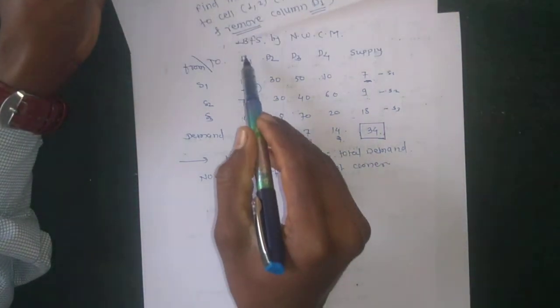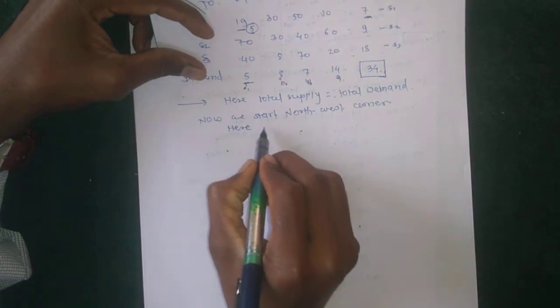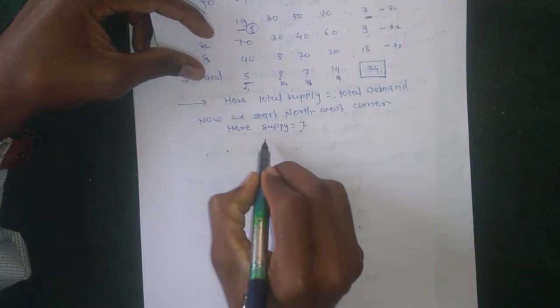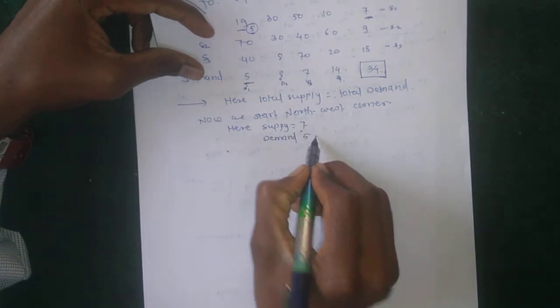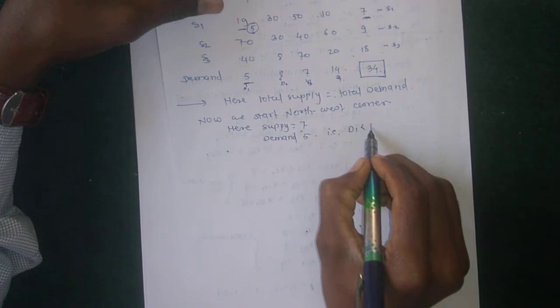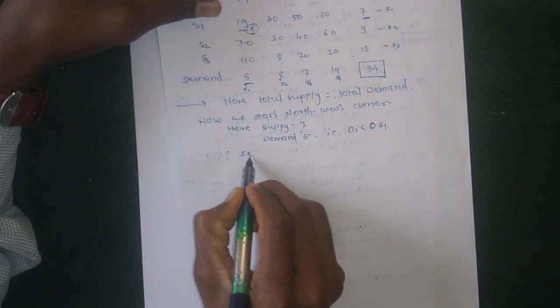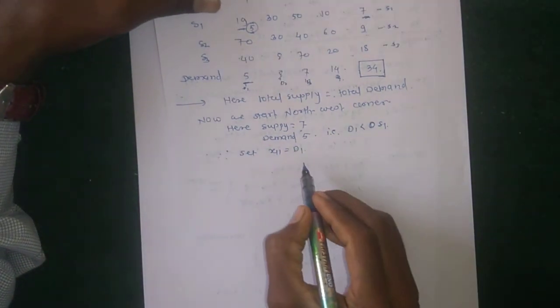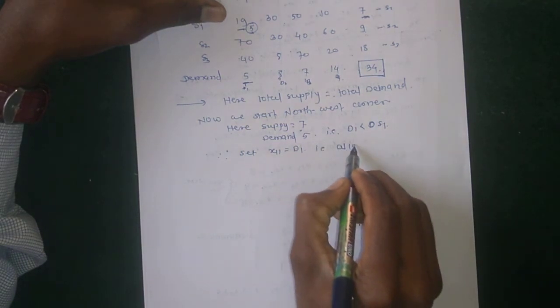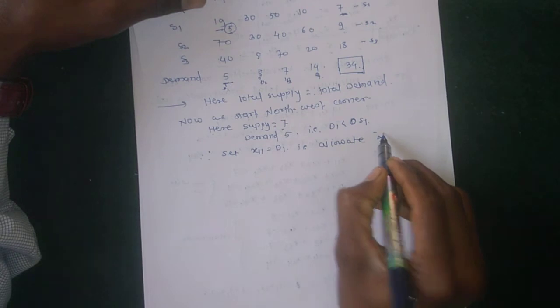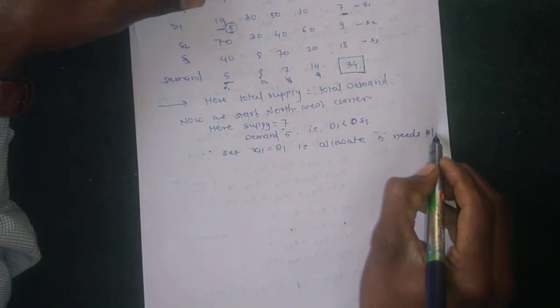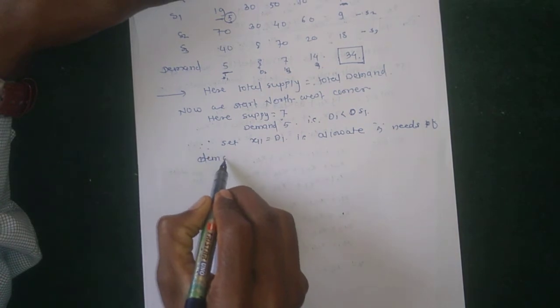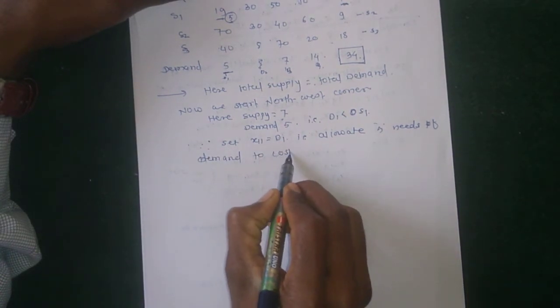That is, delete this column D1. Here supply is equal to 7 and demand is equal to 5, that is, D1 is less than S1, therefore set X11 equal to D1, that is, allocate 5 units of demand at cost 19.